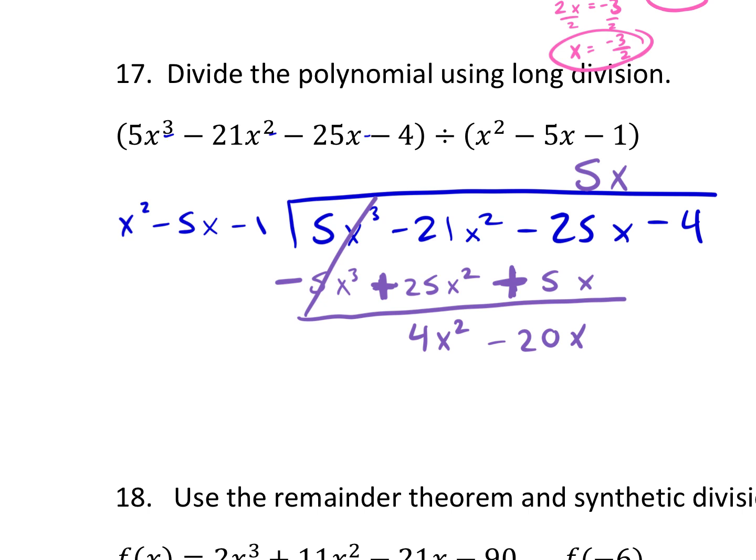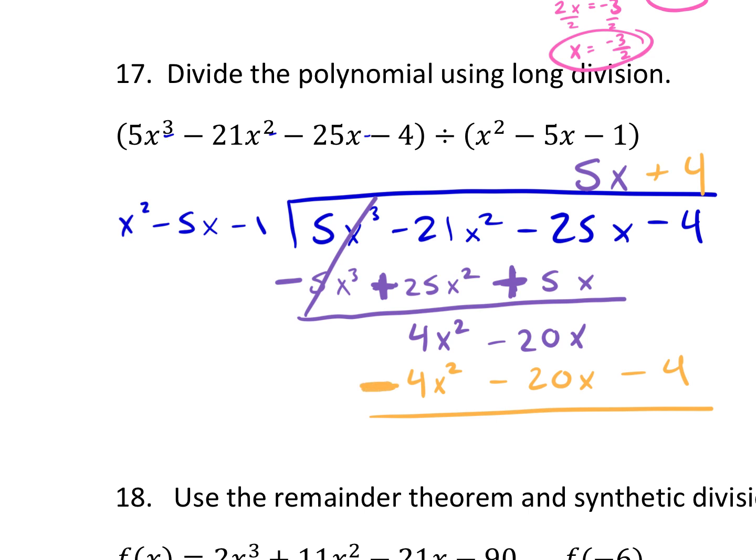Now we do it all over again. 4x squared divided by x squared would be 4. So plus 4. Once I write it up top, I multiply it by everything out front. So I get 4x squared minus 20x minus 4.